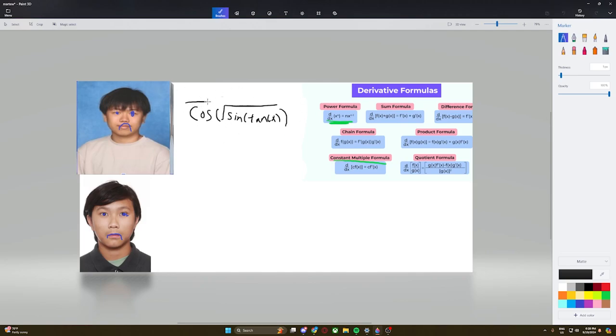So biggest function, the one that is foremost, is cosine.